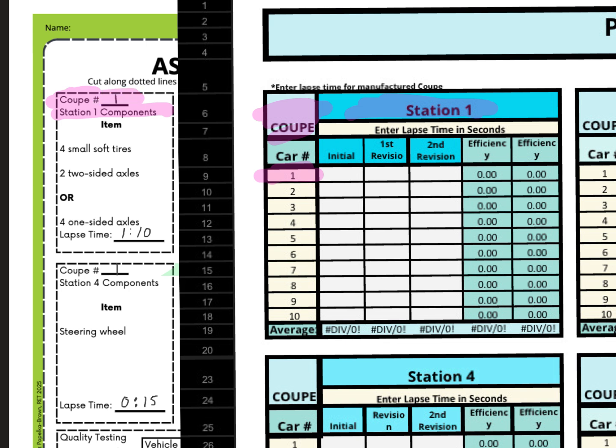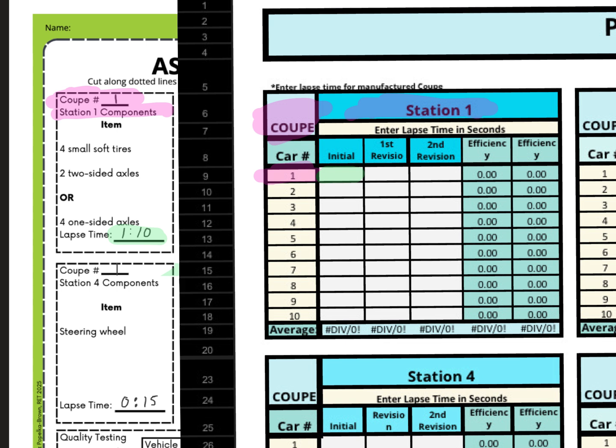So that means that the time that we spent building the wheels for coupe number 1 needs to go right here in this cell, because it is the right station for the right model of vehicle, and it's the first vehicle that we successfully constructed.